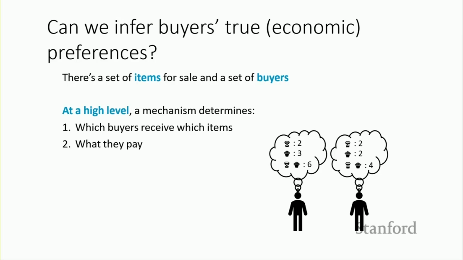As a designer, it's your job to decide what the desirable outcome is, so you could design a mechanism for goals other than maximizing revenue. That said, most of what we'll talk about today will engage with the strategic behavior of the actors and how we can make sure we avoid being fooled by strategic behavior.